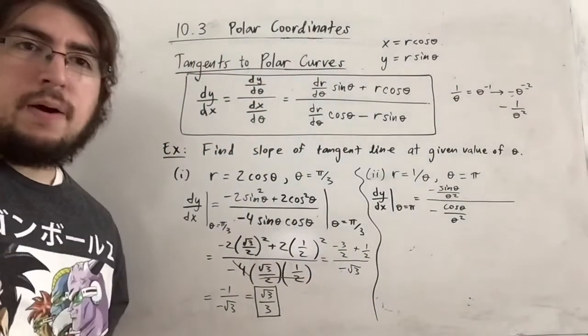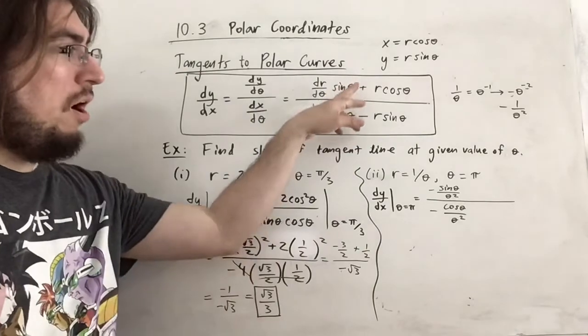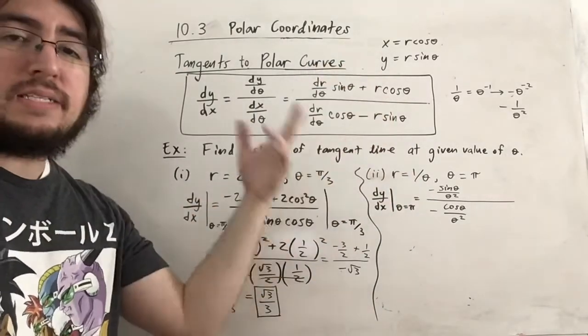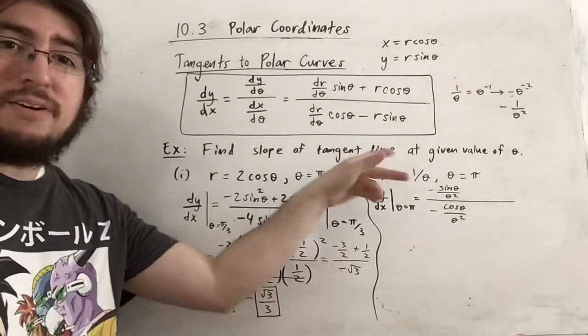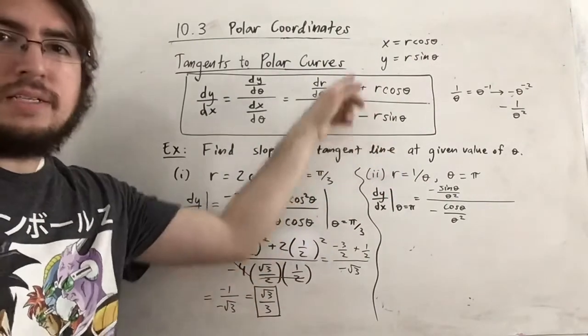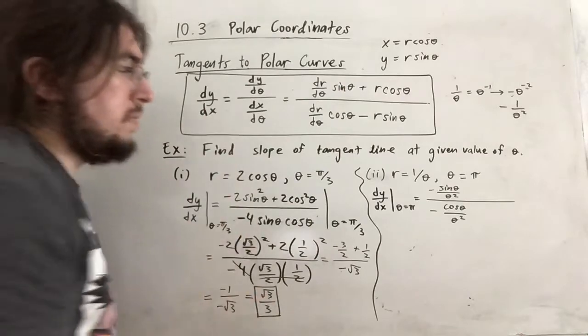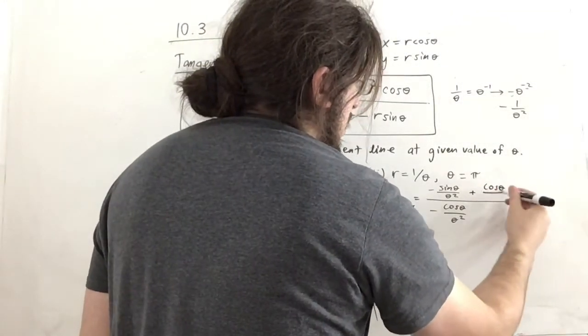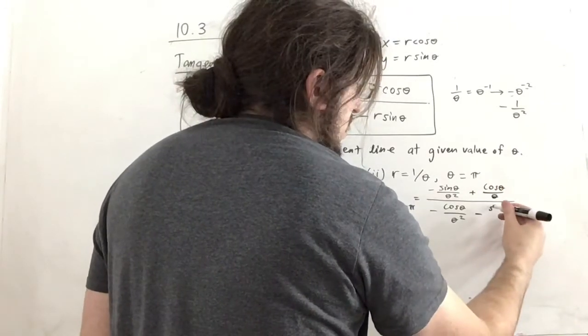So I hope we can see how I got that. And now r, well, r is just 1 over theta, so the second terms will be over theta instead of over theta squared. And they're not negative. Well, the signs will follow these. The signs won't change, basically. So we get plus cosine over theta minus sine over theta.